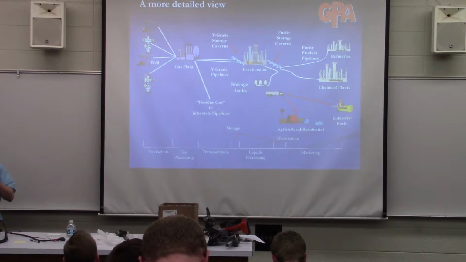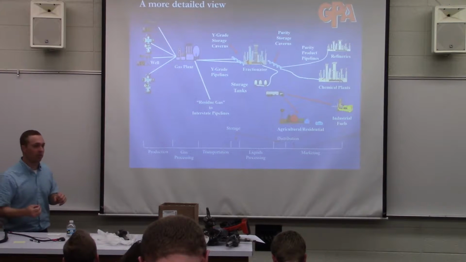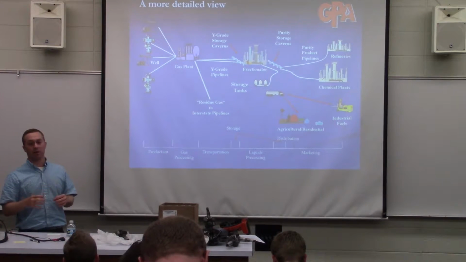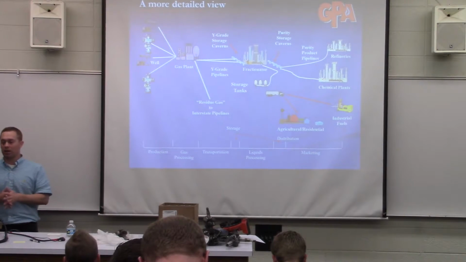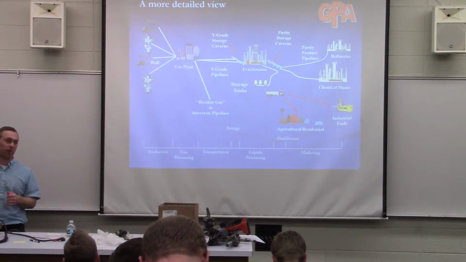Dr. Baxter touched on this a little bit. A lot of times the liquid stream coming out of the gas plant is still mixed liquids, so propane, butanes, and heavier alkanes. We'll fractionate those, separate them into their individual components, and then they have a variety of uses.